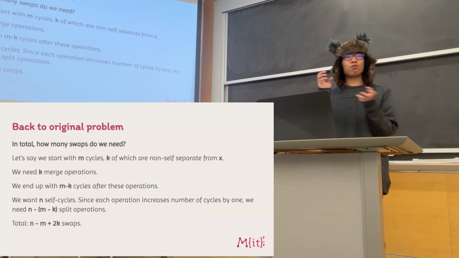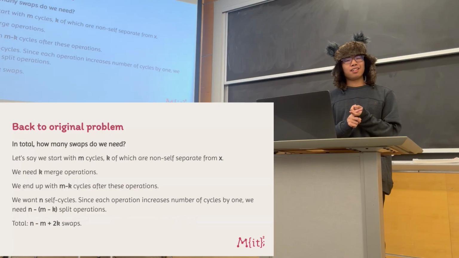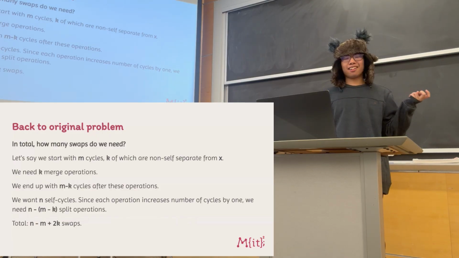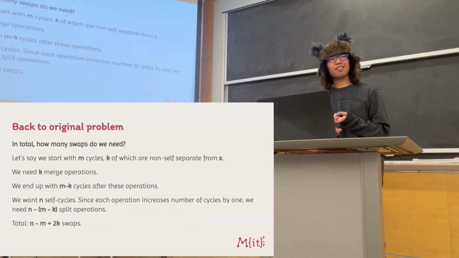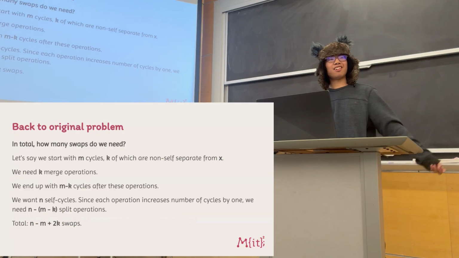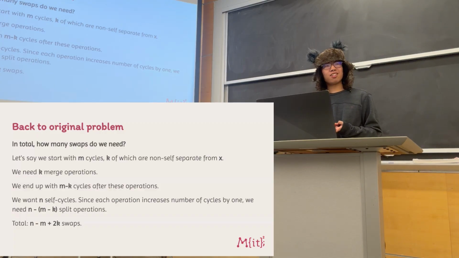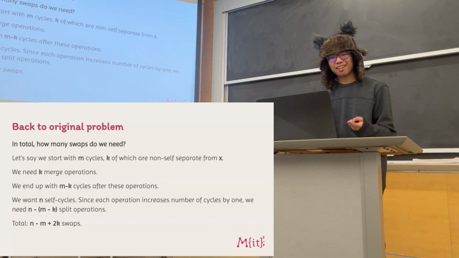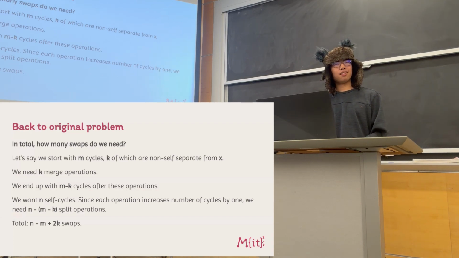And we know every swap operation can only increase the number of cycles by 1. And we want to increase the number of cycles by 1 after every operation because we want to reach n cycles. So running the split operation n minus m plus k times would be optimal. Does that make sense?